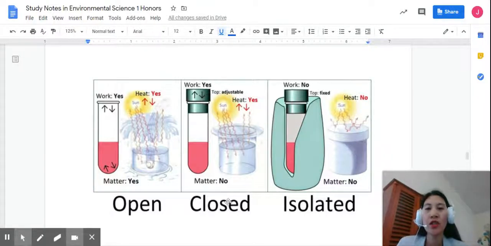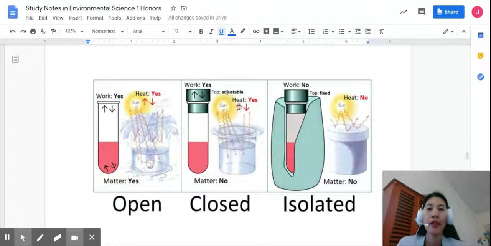While a closed system is where matter cannot get into the system because it's closed. Say, for example, in this example, there is a cover on the test tube, but the energy can get into the system. But this can be adjustable.